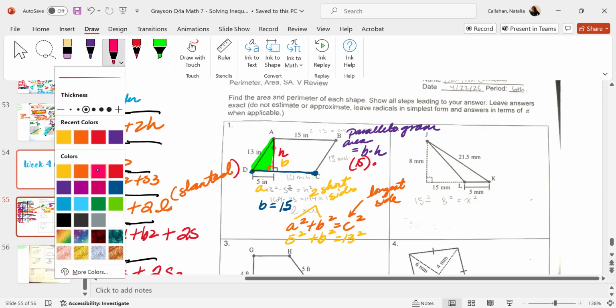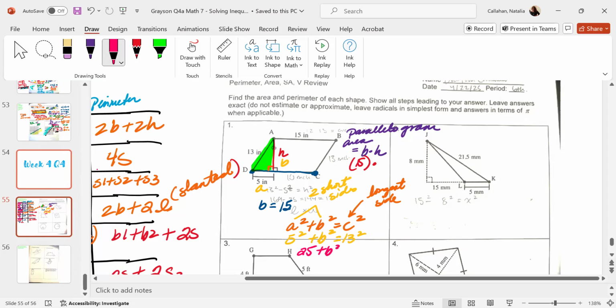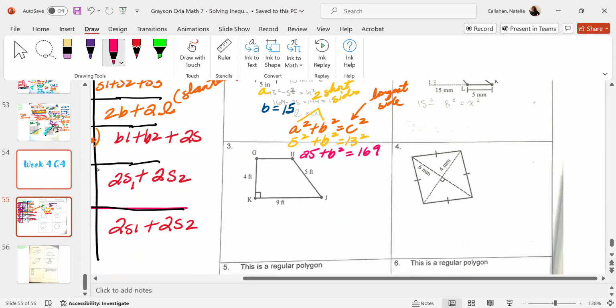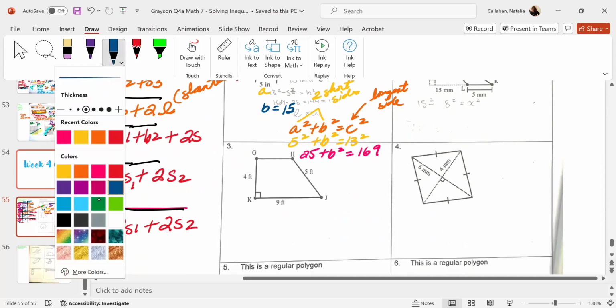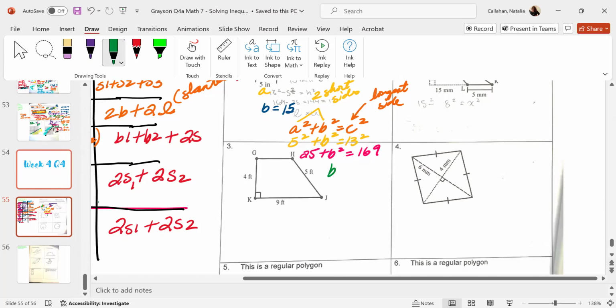Okay, what is 5 squared? 5 squared is 25. Good, what's 13 squared? 169. How am I going to solve for B? What's attached with the B on the left side? 25. So I gotta get rid of the 25. How do I get rid of the 25?